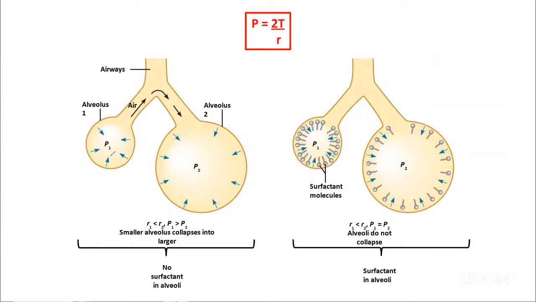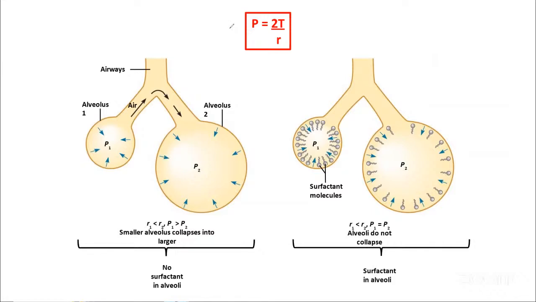So we have this situation where water molecules pulling together make the alveolus want to collapse, right? But there's a certain pressure inside an alveolus that would resist that, right? Like they start to pull together. You get a really high pressure of air inside the alveolus, it would push out against that and resist it. So that's what we're talking about when we're looking at this relationship.